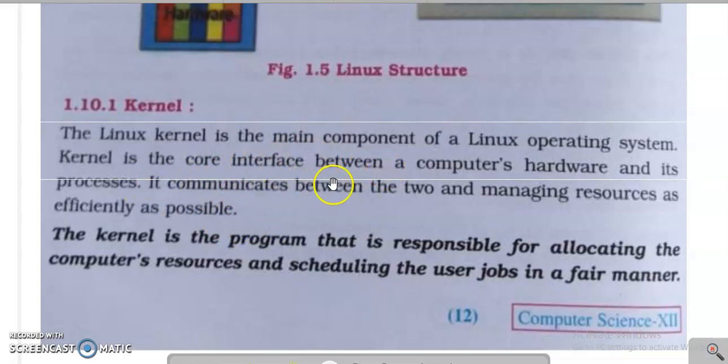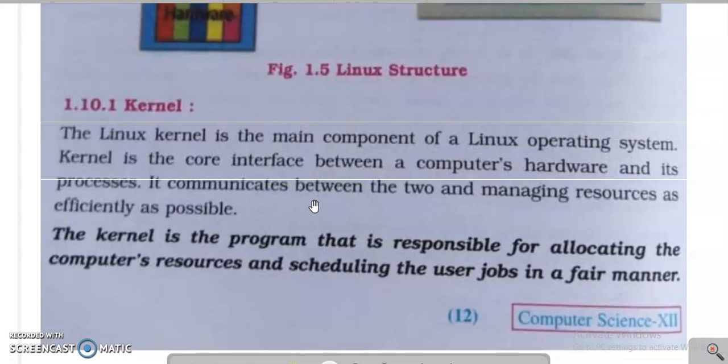Kernel is a core interface between a computer's hardware and its processes. It communicates between the two and manages resources as efficiently as possible. So kernel is like a middleman which translates low level language into high level language and high level language into low level language.